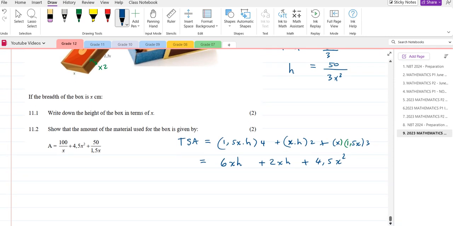h is 50 over 3x squared. So you got 6x into 50 over 3x squared, plus 2x into 50 over 3x squared. Why are we doing this? This is 8x, right?